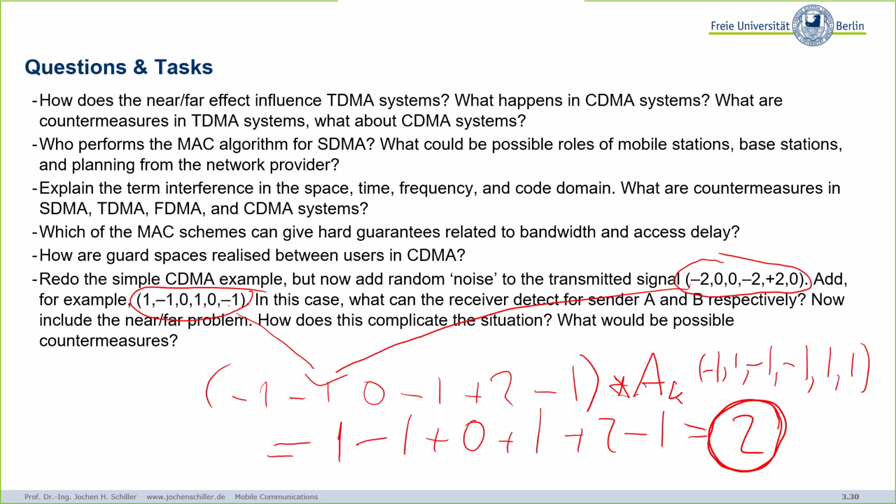So this is not a technology where you will get with 100% the correct bits out of the system. But this is also true for TDMA and FDMA systems. So in wireless transmissions, keep in mind the bit error rate is, well, 10 to minus 2, 10 to minus 3. That means 1 out of 100, 1 out of 1,000 bits are flipped. So you always need some coding technology on top of that.